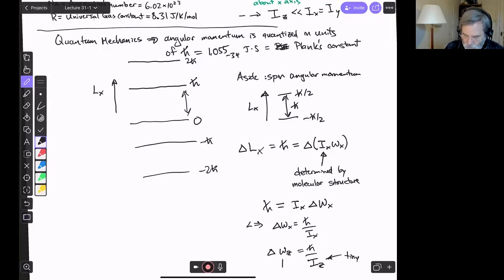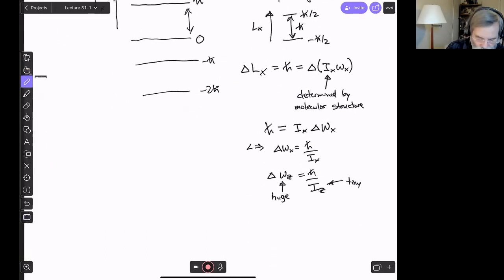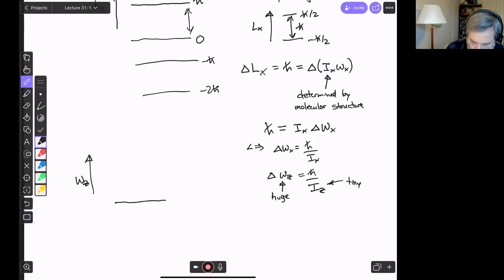And so that means that delta omega sub z is huge. So if I were to try to make a plot of the allowed values of omega sub z, 0 would be one of those allowed values. The next one up would be some huge distance in omega space above that.